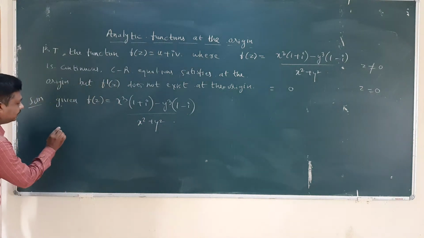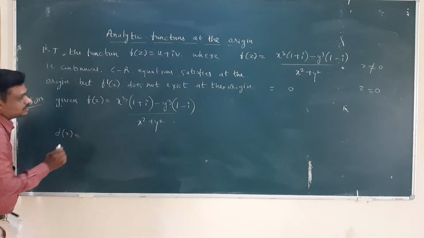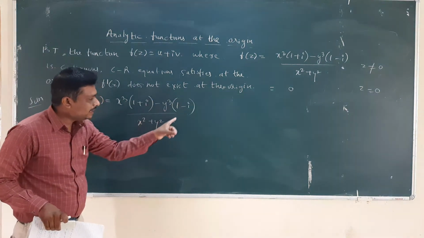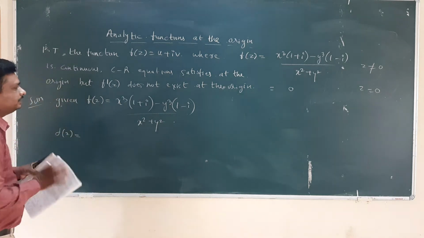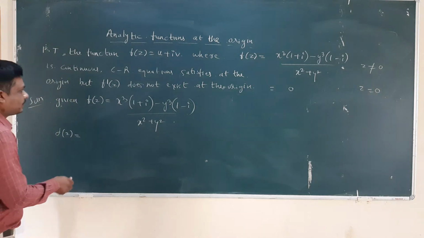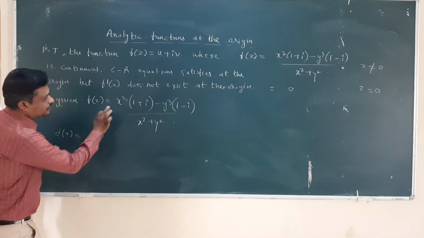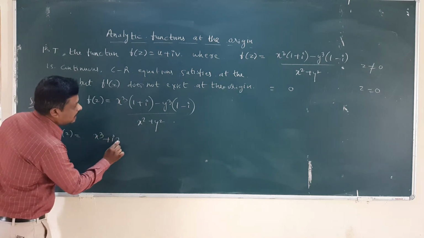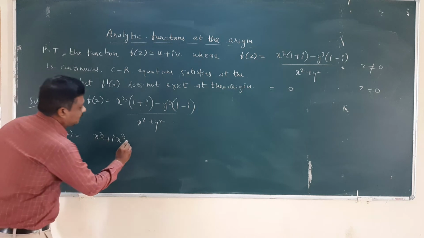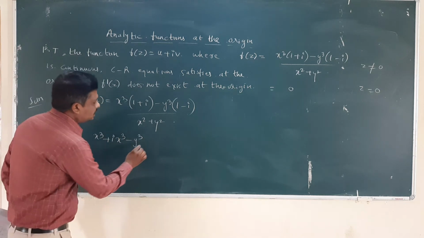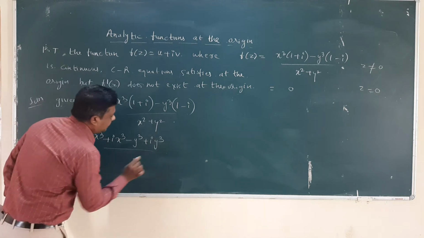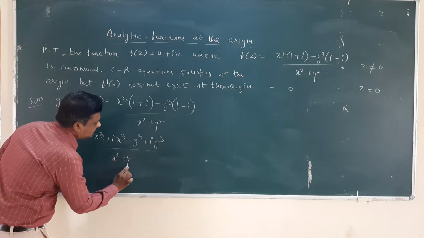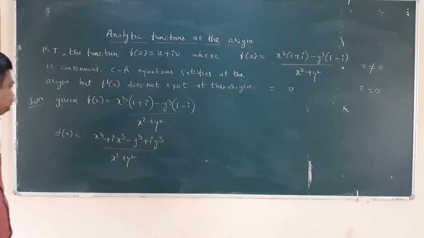So first, I will separate the real and imaginary parts from the given function. I will simplify this. This becomes x cube plus i x cube minus y cube plus i y cube, whole divided by x square plus y square.